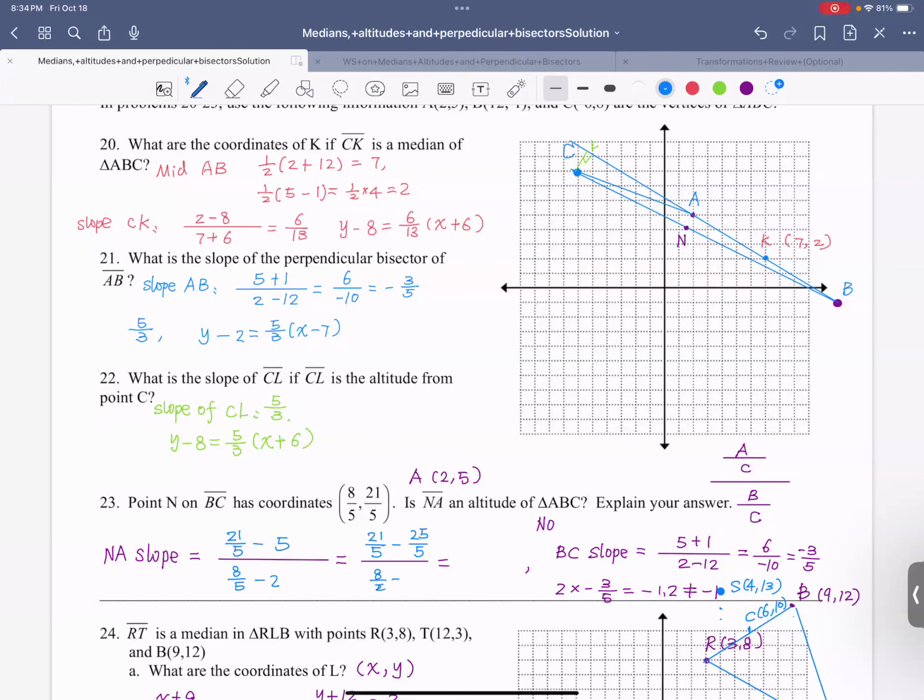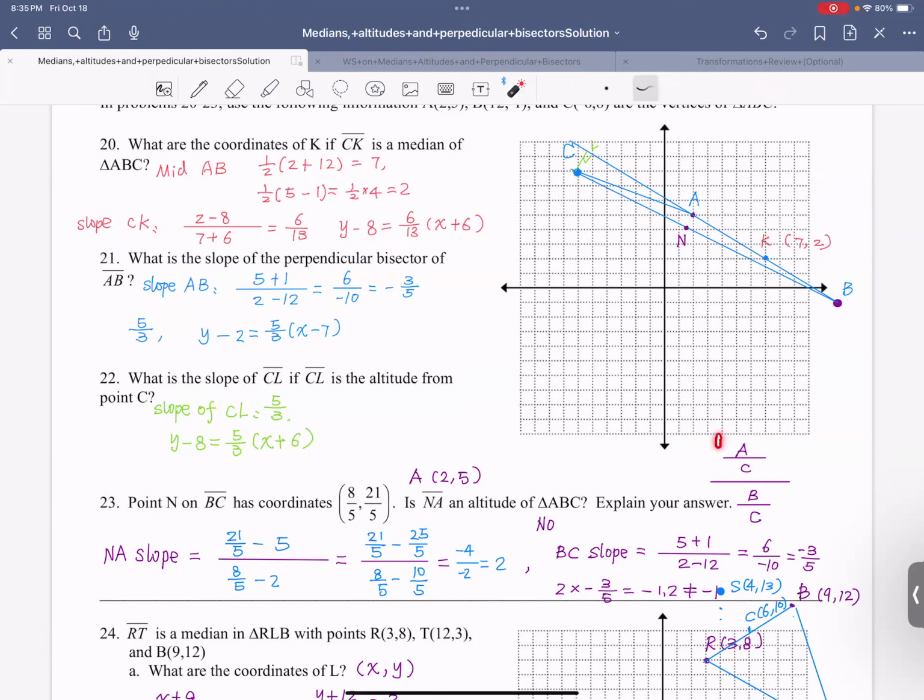That would be 8 minus 10. So that would be 2. Now look, this is 5 and this is 5. Can you ignore the 5 immediately, or simplify? Yes. Very good. 21 minus 25 is -4. 8 minus 10 is -2. This becomes 2.